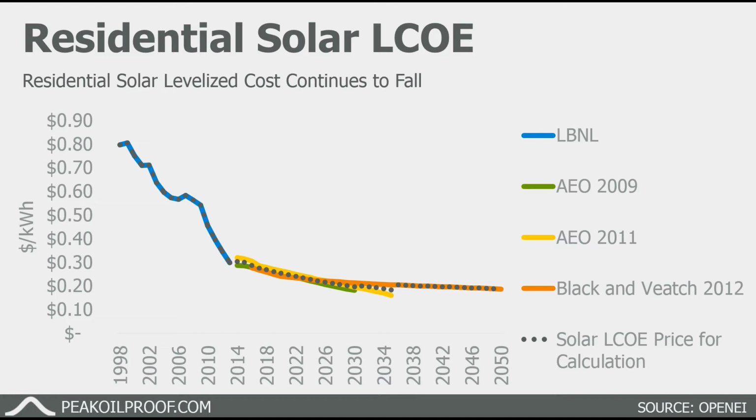So the LCOE of residential solar, which is rooftop solar essentially on your house, has come down dramatically over time. And these are a few forecasts showing that it will likely continue to decrease in price over time, well into the future.